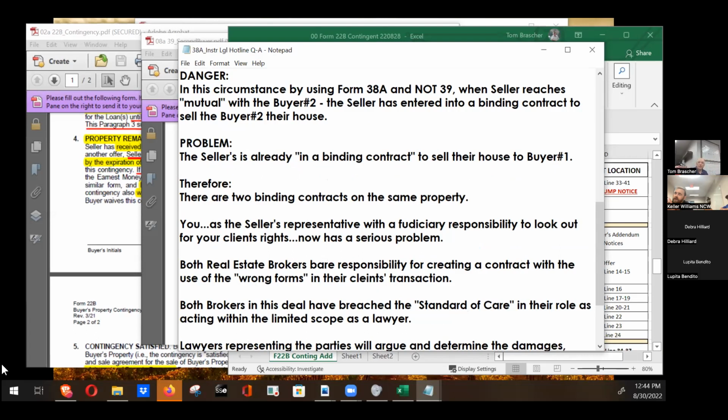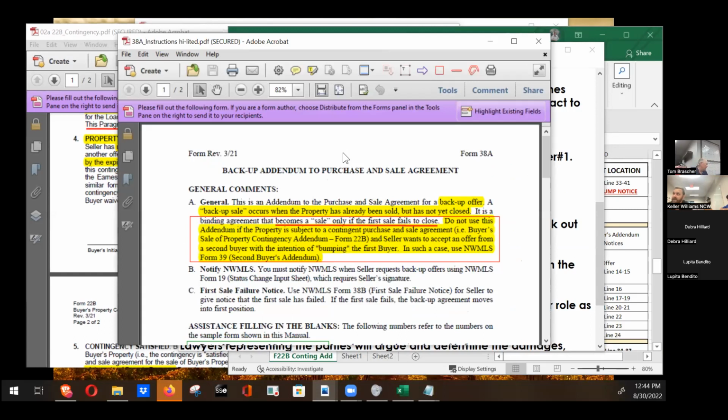Now, Tom, real quick, Form 38A, that's a backup offer. Without delivering a notice to that backup buyer that the first contract had fallen out, they're not the first place buyer. You wouldn't be obligated to sell the house to two different people.